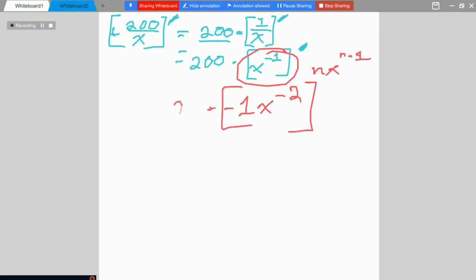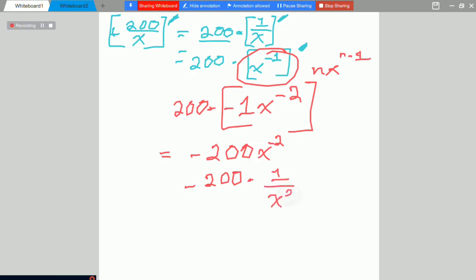We times that by 200. We get negative 200 x to the negative 2, which can also be written as negative 200 times 1 over x squared.